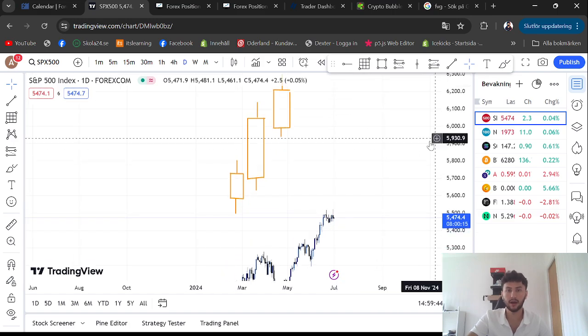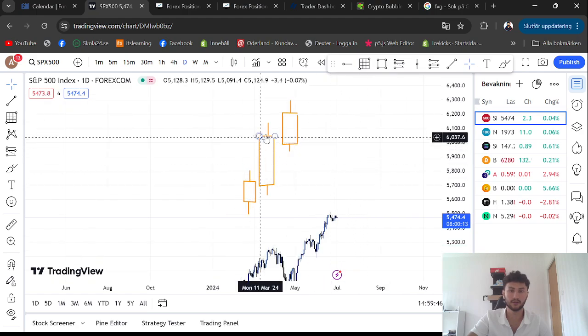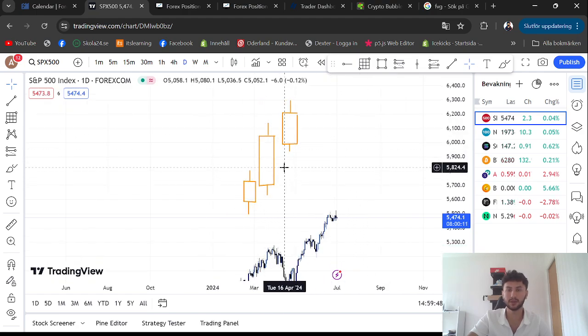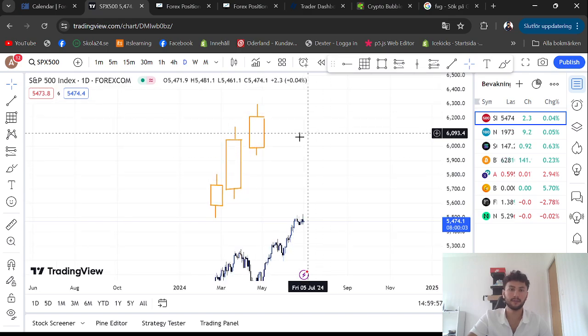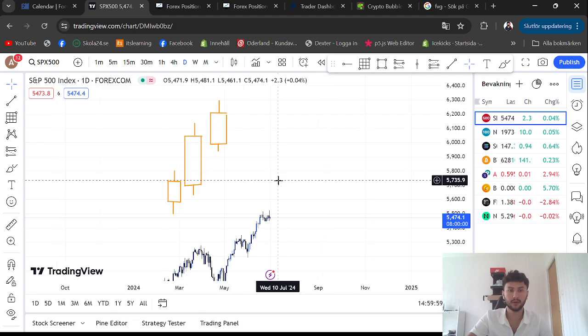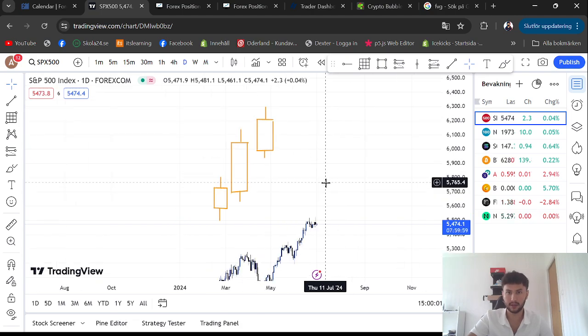As you guys can see, I just drew a fair value gap over here because it would take a lot of time if I had done it on the video. But as you guys can see, we do have a bullish fair value gap and a bearish fair value gap. Both of them are the same and they work the same way.